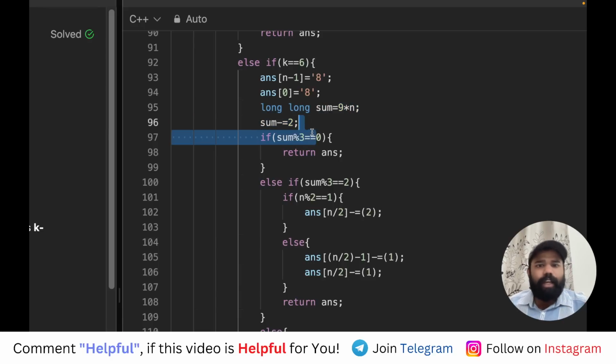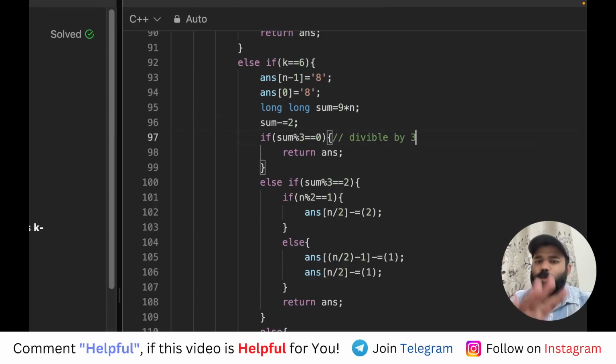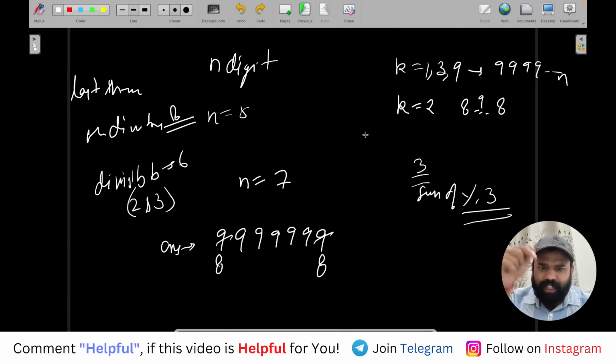ठीक है. अब देखो, if the sum is divisible by 3 already, if it is already divisible by 3, then there is no problem. For example, if we will see here it is not, I think, because it is 9 into 7, it is 61.